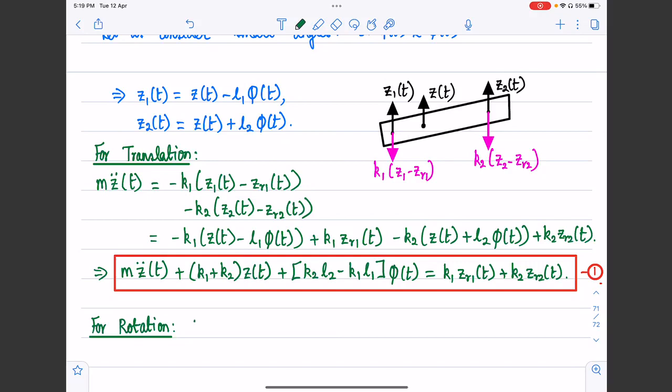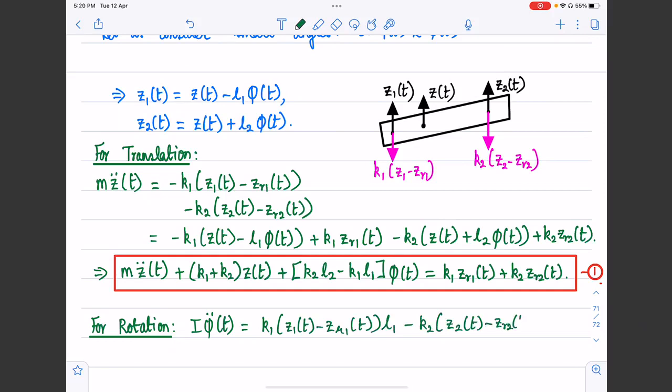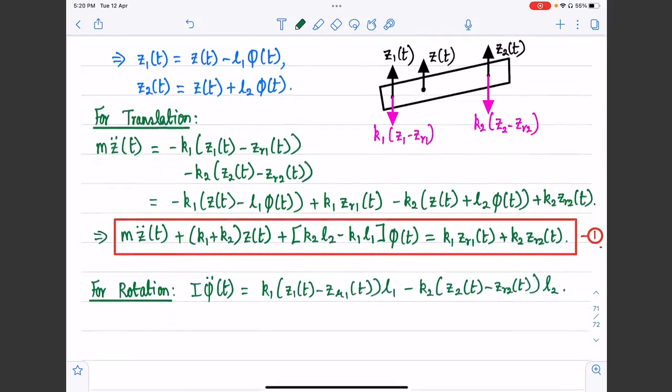So we will have I times phi double dot of t equal to k1 times (z1(t) minus zr1(t)) times L1, minus k2 times (z2(t) minus zr2(t)) times L2. Okay, so this is what we have.